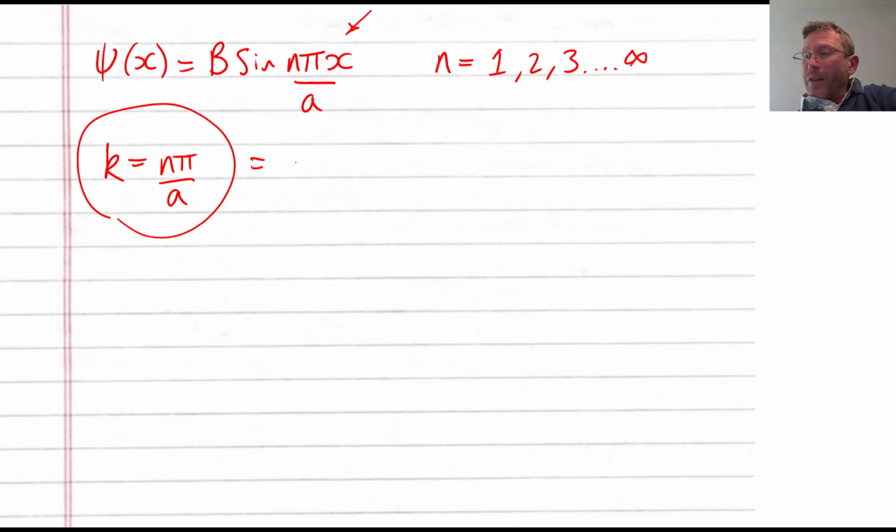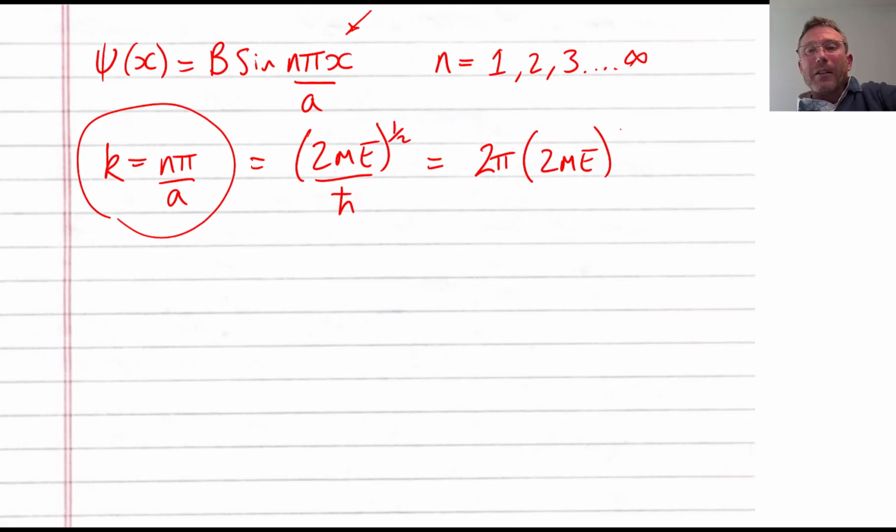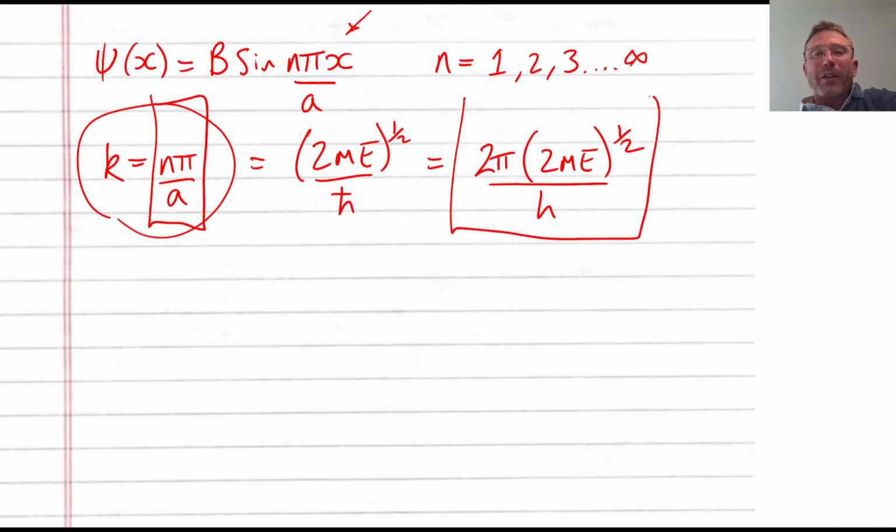But from before, remember, we have k being equal to 2me to the half over h bar. We also recognize that h bar is equal to h over 2 pi. So let's put the 2 pi in here along with 2me to the half, and leave h in the denominator. Let's now solve. We're going to use this part of the equation and this part of the equation, and square both of these terms.